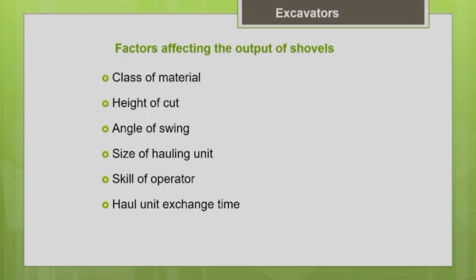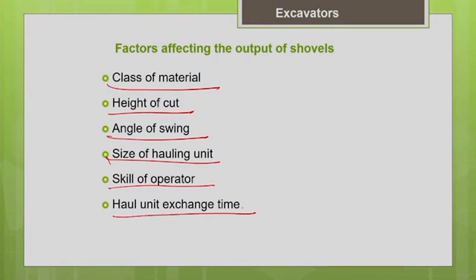So what are the other factors which affect the output of the shovel? Let us see. Class of material, height of cut, angle of swing, size of the hauling unit, skill of the operator, haul unit exchange time. So all these things are going to affect the output of a shovel. Just now we discussed the size of the hauling unit.